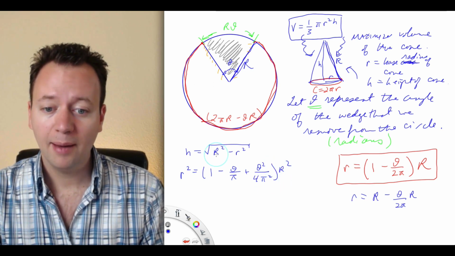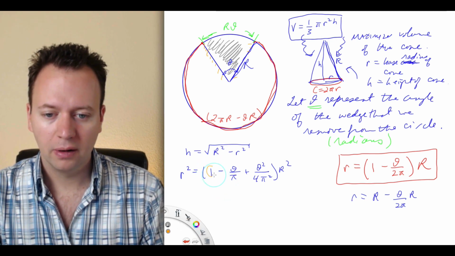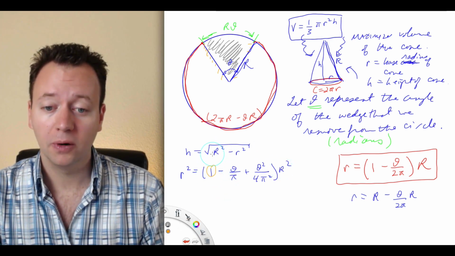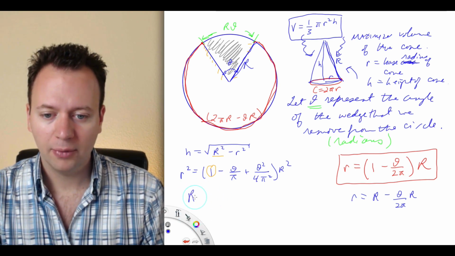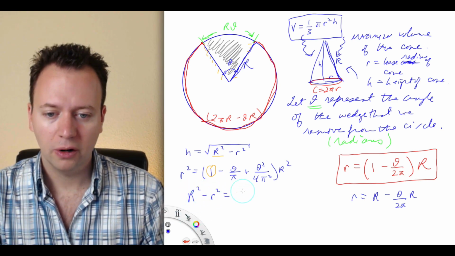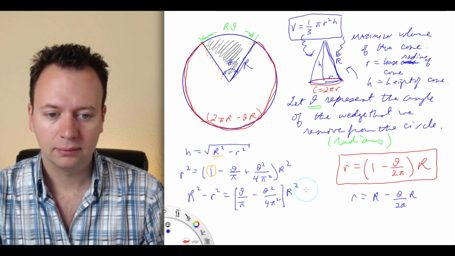Now when we do capital R squared minus this, notice that the first term here is just equal to capital R squared. So we get capital R squared minus capital R squared. Therefore capital R squared minus little r squared is going to be theta over pi minus theta squared over 4 pi squared, times capital R squared.